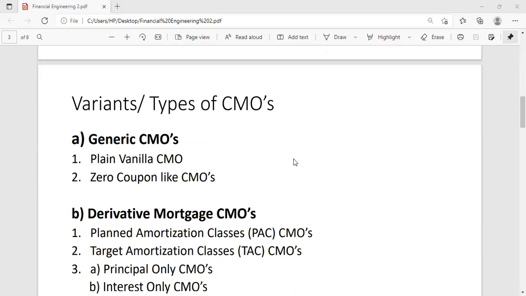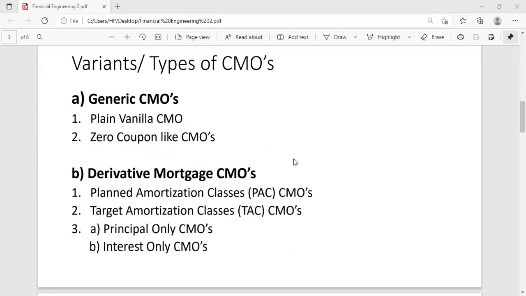So there are several types of collateralized mortgage obligations: the generic CMOs, and then derivative mortgage CMOs. In generic CMOs, we have the plain vanilla CMO and zero coupon like CMO. The concept that I have already discussed here is the plain vanilla CMO.